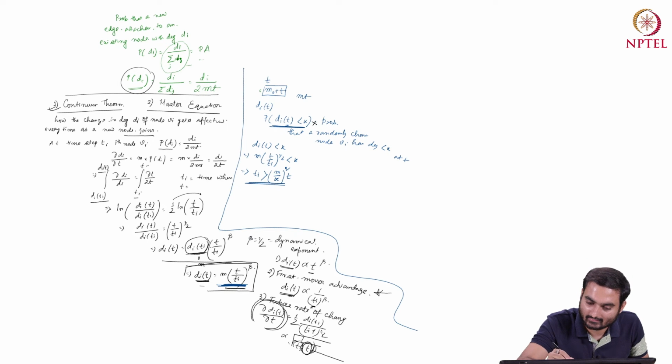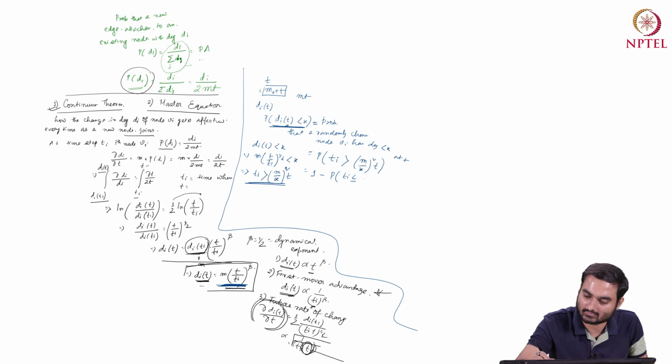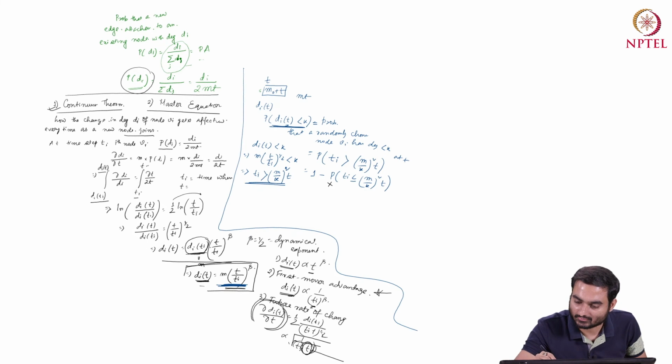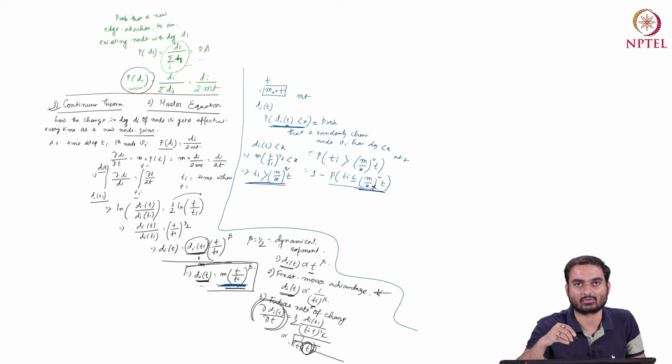This probability is the same as P of ti greater than m by k square t, which is the same as 1 minus P of ti less than or equal to m by k square times t. Now what is this? This is saying, what is the probability that the time is less than or equal to this one? Now time ti is the same as the number of nodes joining in.